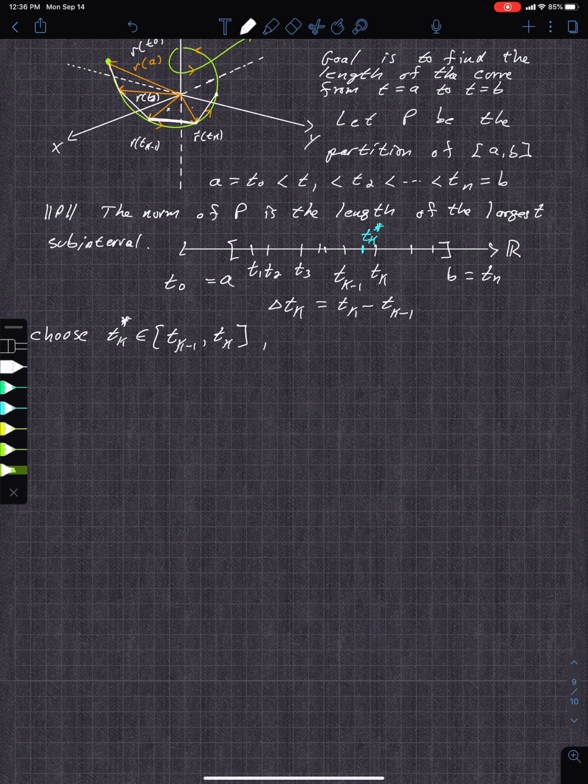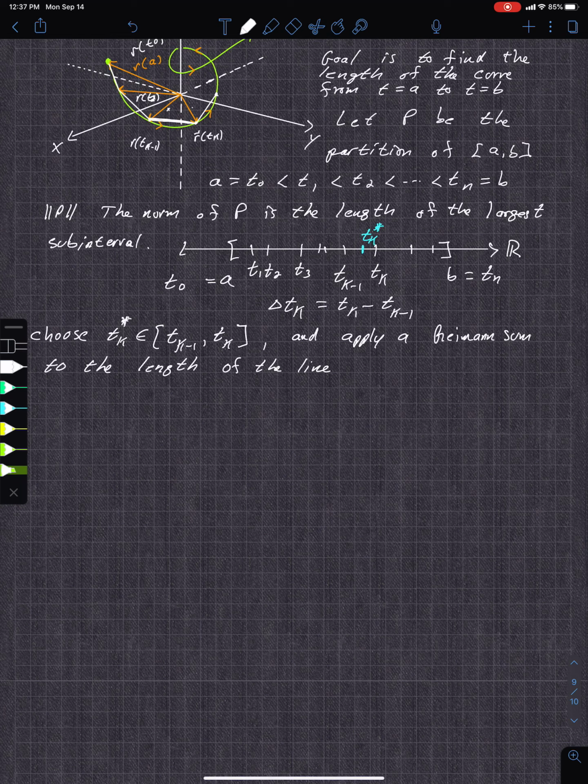And then we apply a Riemann sum. I'll say apply, or construct, a Riemann sum to the length of the line segment.